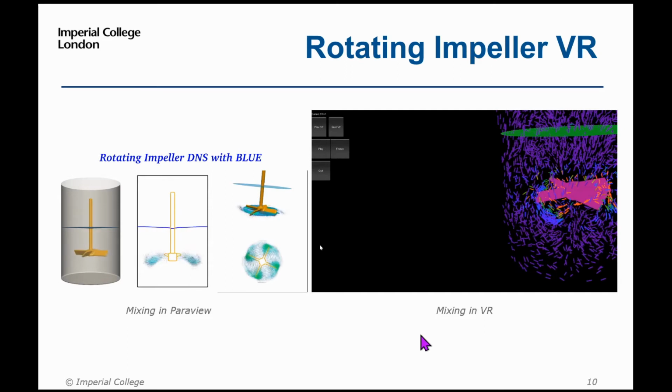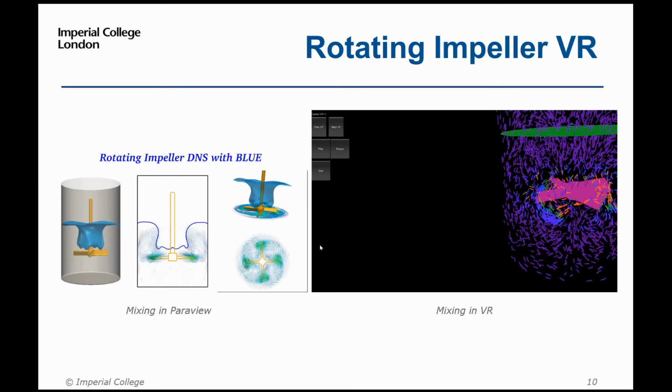The left-hand side shows the rotating impeller in ParaView. Note the change in the interface and bubble formation as the air starts to mix into the fluid.